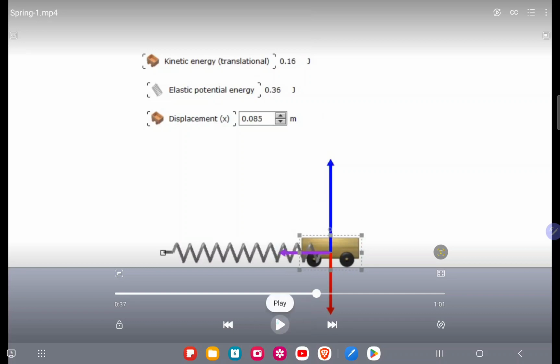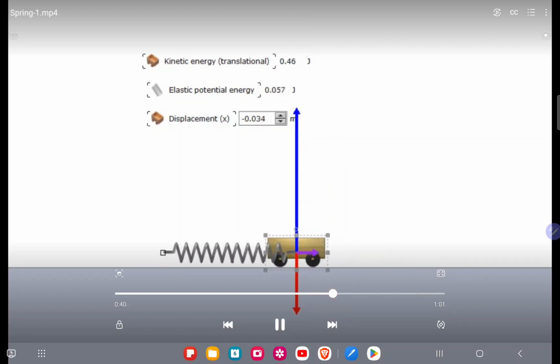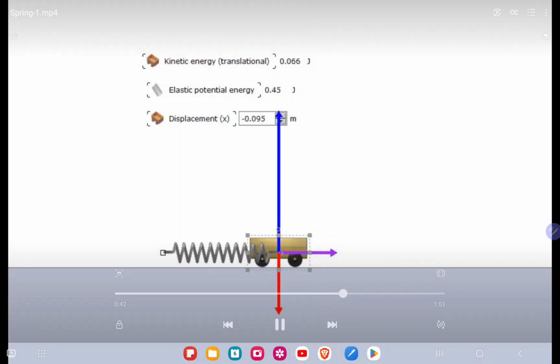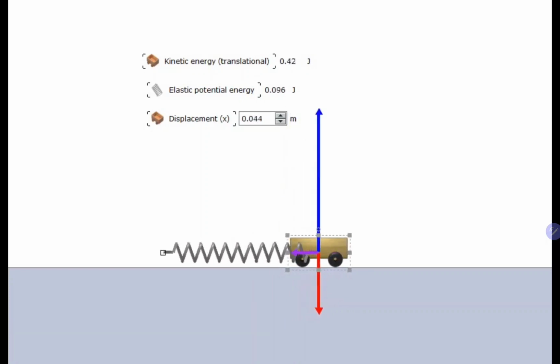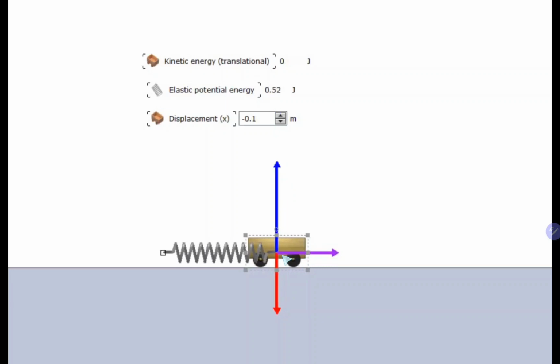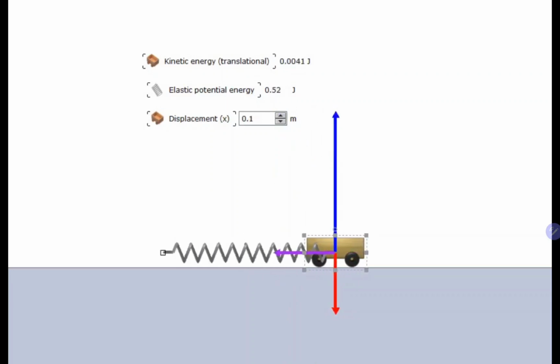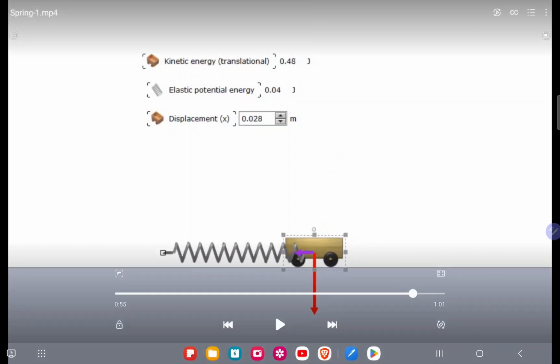Let's see here. So it oscillates around the relaxed position of the spring, back and forth. And look at the elastic potential energy and kinetic energy of the system.